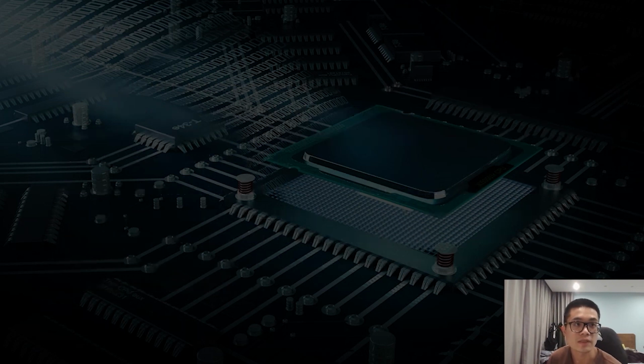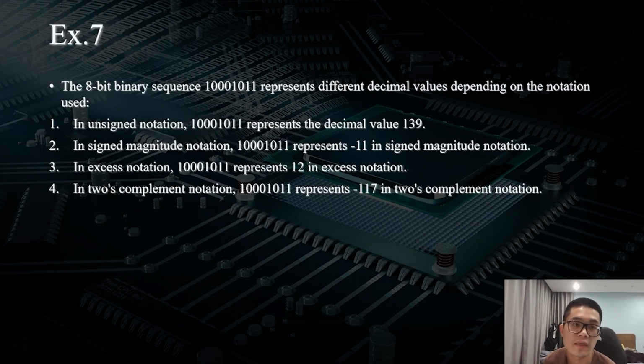Now we will move to exercise 7. In this exercise, we need to understand that the 8-bit binary sequence 1000101111 represents different decimal values depending on the notation used.